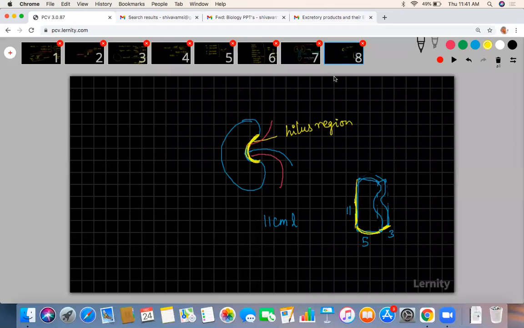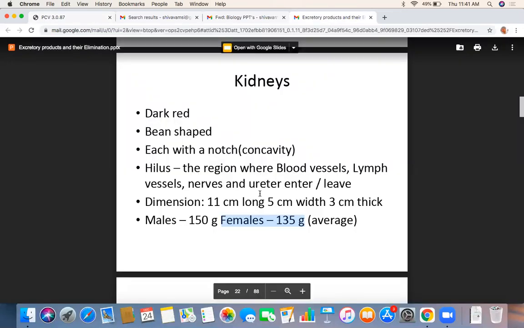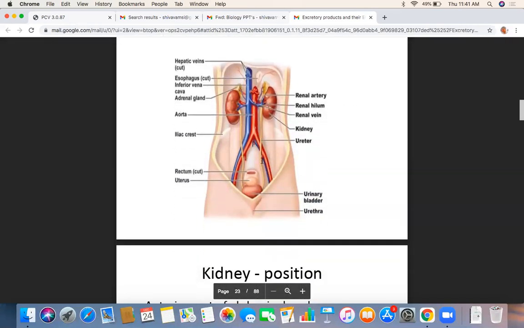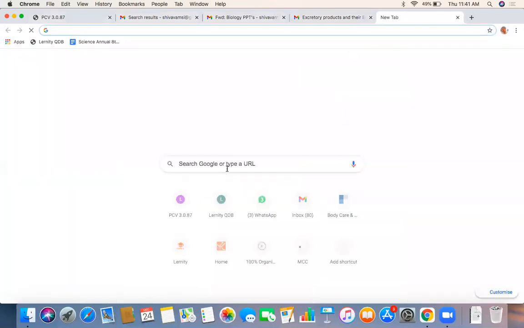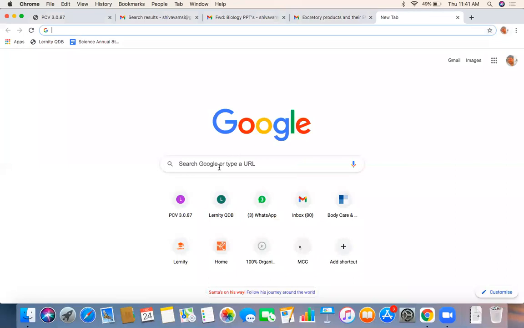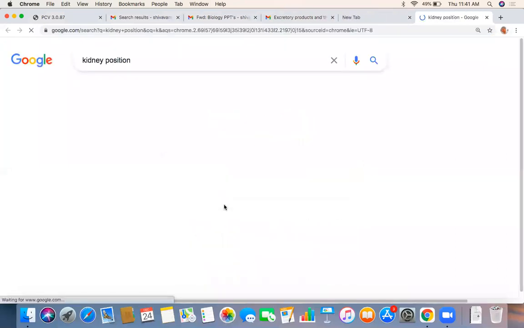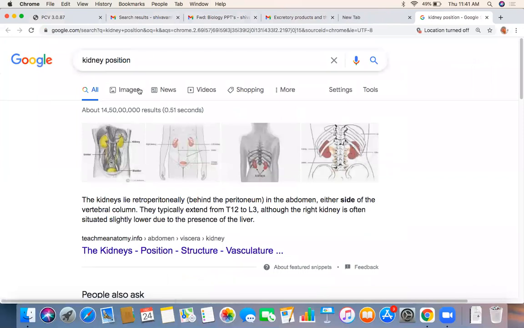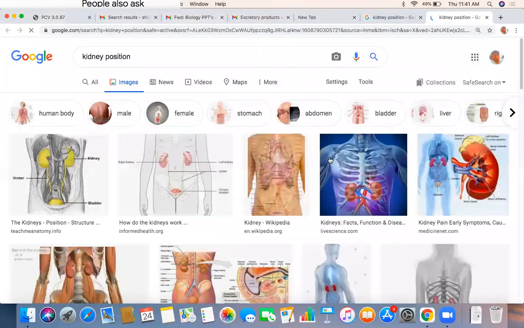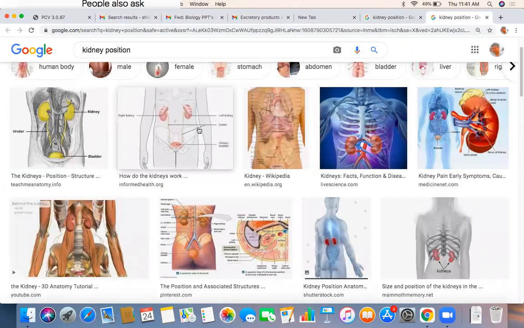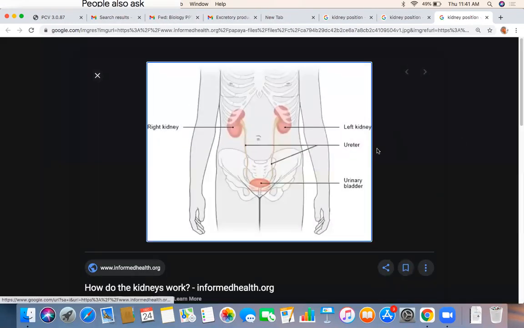Okay, so now moving on further. So where is it located? I will just show you a diagram. Kidney position. You see here. This is a very realistic thing.